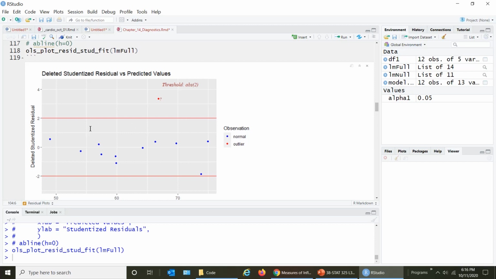So when you plot this line at 0 and look at it, you see that it just varies around there. But observation 7 is far away from 0 and the rest of the data. And then we have this observation here that is kind of a borderline outlier. It's not, but it's kind of close to that, right?